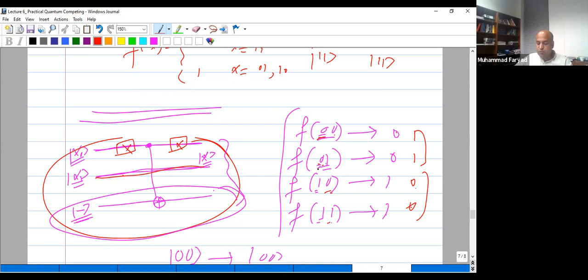But now when the first qubit is in 0 state, I should get 1. So how can I do that? I can apply an X gate after the input. So when this 0 passes through the X gate, it becomes 1. So when this is 1, this C0 is activated, and we get a minus sign, which is equivalent to evaluating f(0,0) to 1. But whatever is the input here, I have to get the same thing at the output, because it's a phase oracle that I'm trying to implement, so I should get the same output as the input.